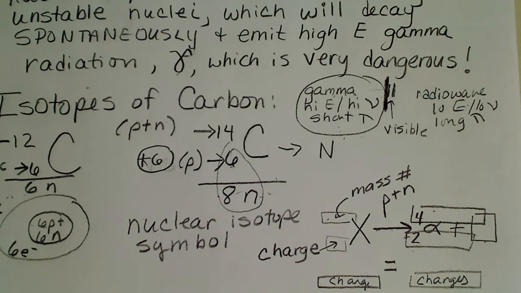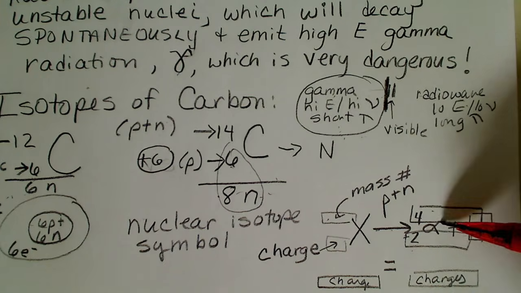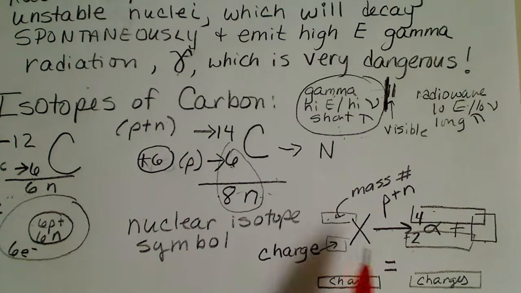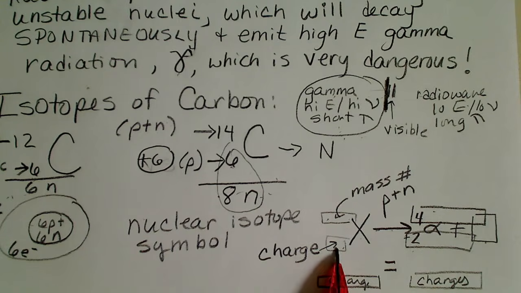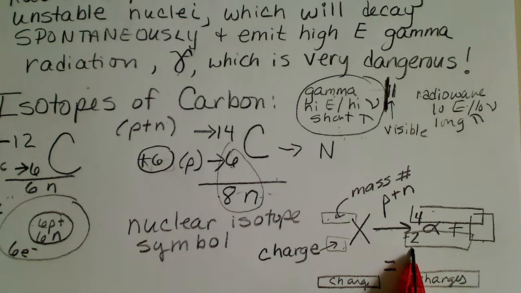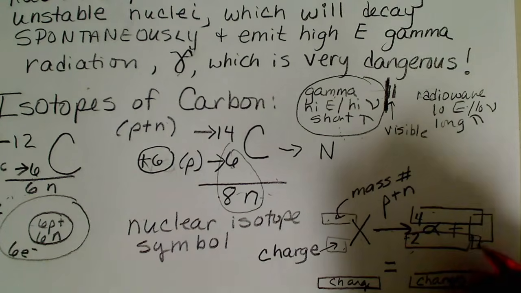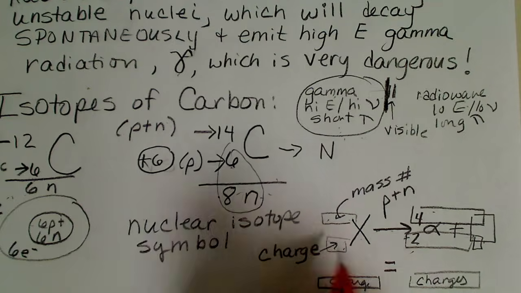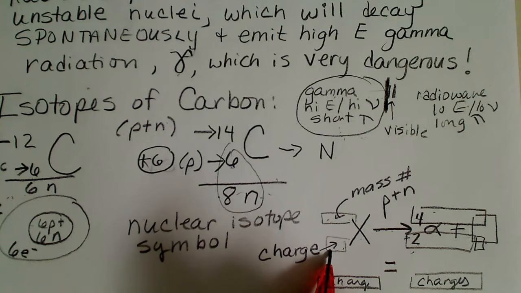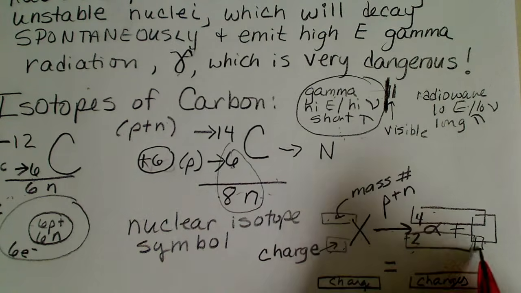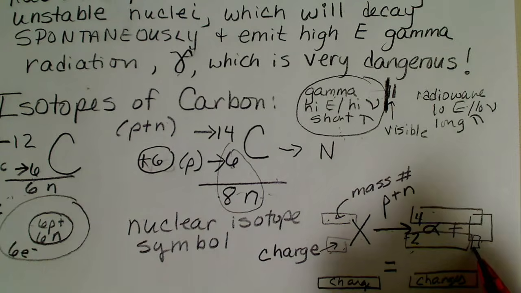So if we learn the 4 types of radioactive decay, this one being alpha emission, if a problem gives us a particular nucleus, that problem will give us the mass number and its charge. If we're told that it decays by alpha emission, then we just have to figure out what number plus 2 equals the number that was given, and that number will identify what atom we're talking about.